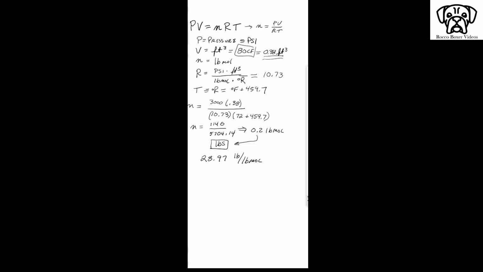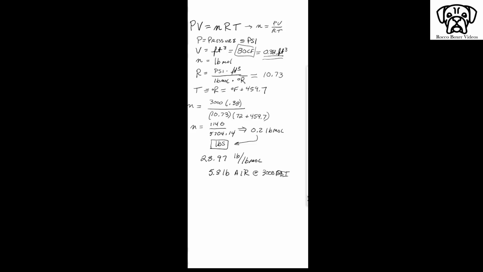If we multiply 0.2 by 28.97, we end up with 5.8 pounds of air. That's what it weighs at 3,000 psi.